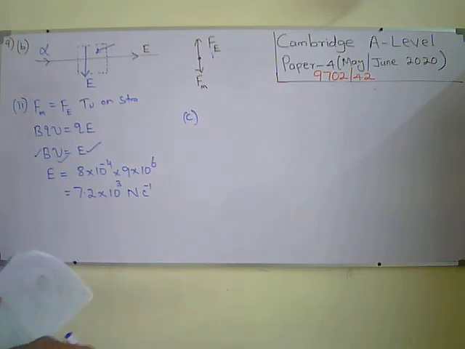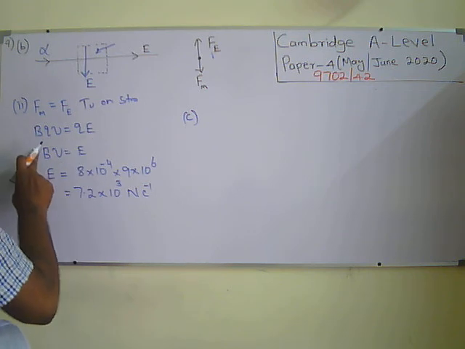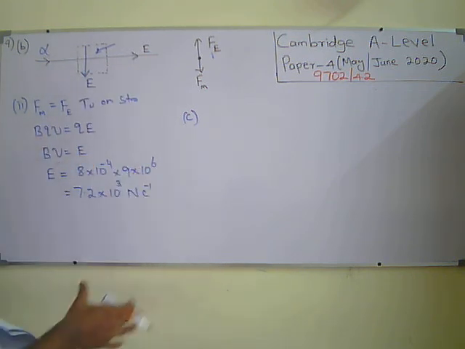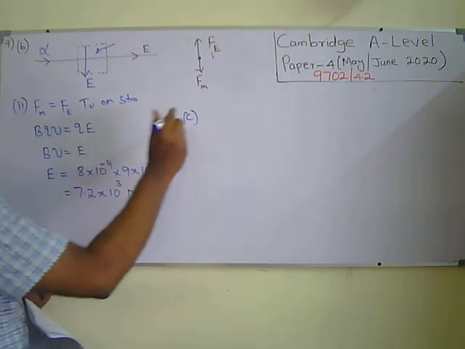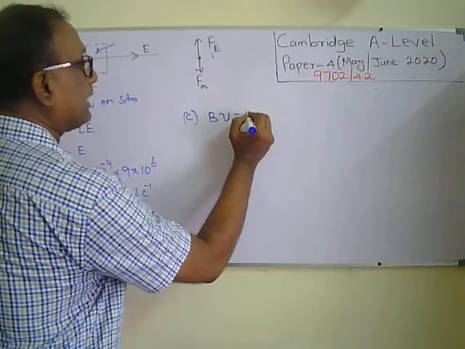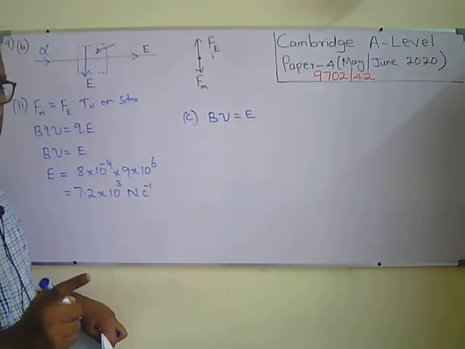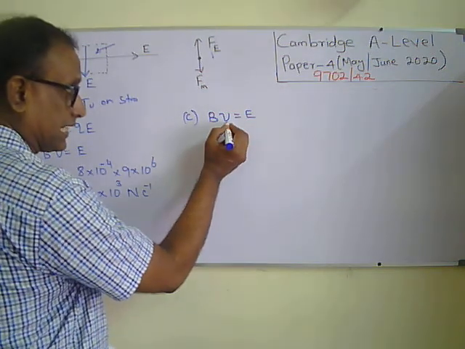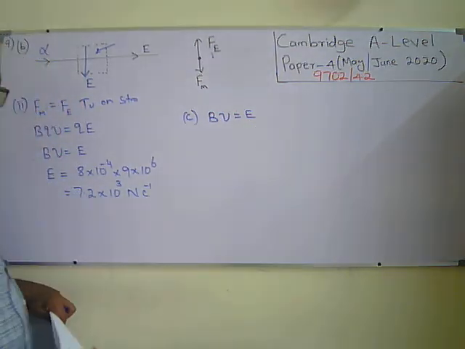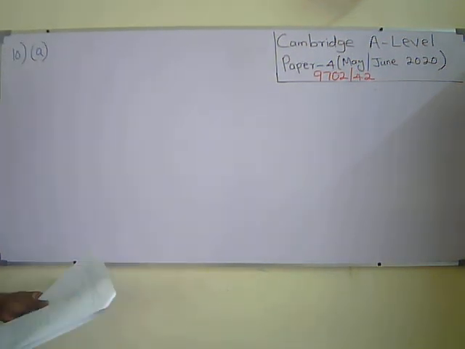So the answer should be given like this: to move through the electric field and magnetic field combination on a straight line, the condition must be BV equal to E, and it is independent of the mass and charge of the particle. Therefore, since the alpha particle is traveling at the same speed as the electron earlier, it also will move along a straight line.